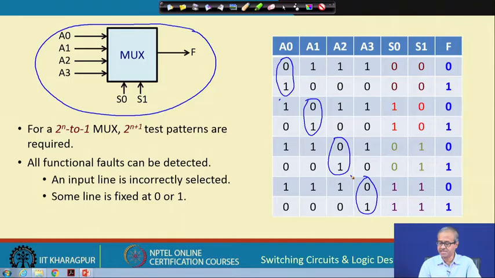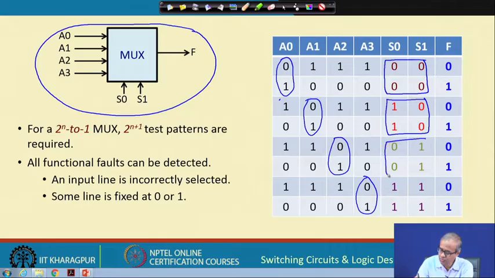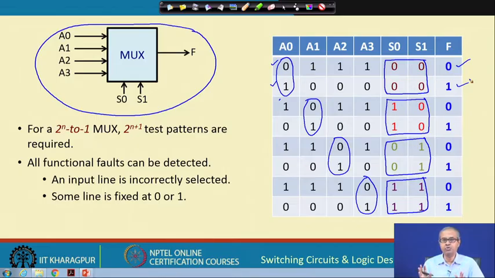With respect to the test generation, what we do? We apply the 4 possible values of the select lines 0 0, 0 1, 1 0 and 1 1. When I apply 0 0, A0 is supposed to be selected. So, we apply both conditions. If A0 is 0, then the output is supposed to be 0. If A0 is 1, output is supposed to be 1. But we also do something more, since we are talking about a functional fault model.